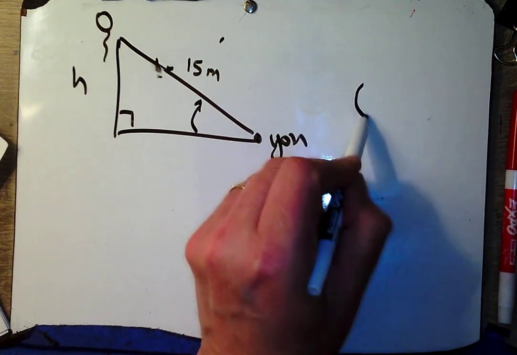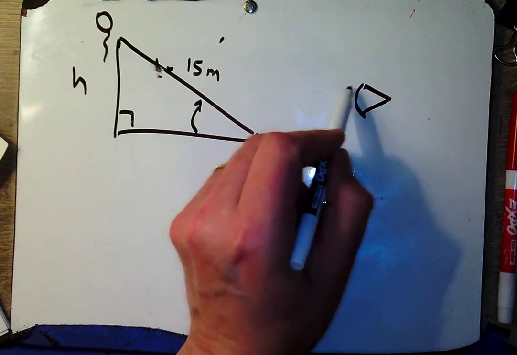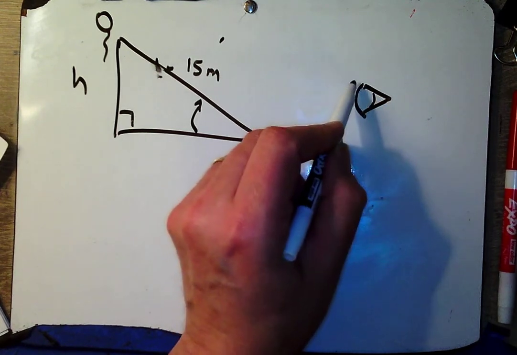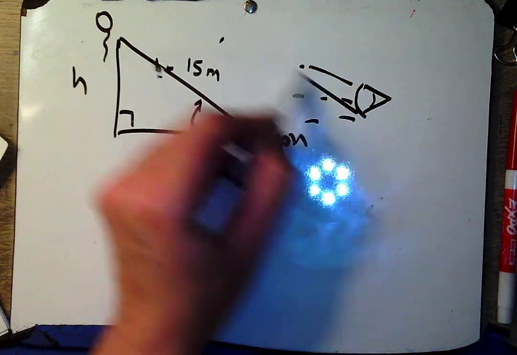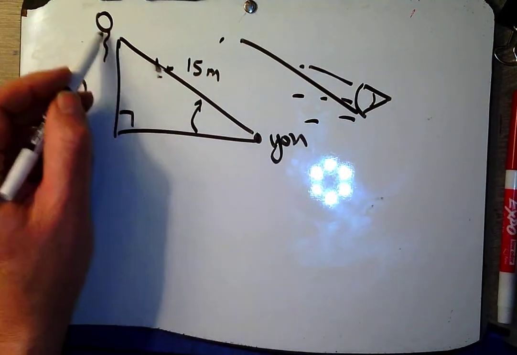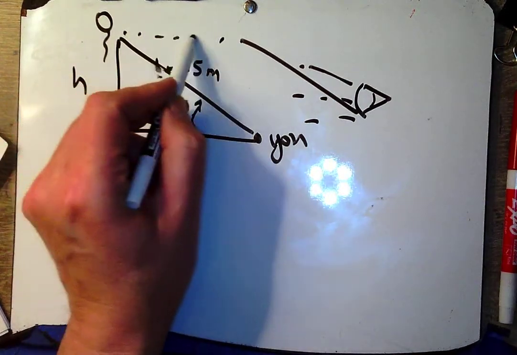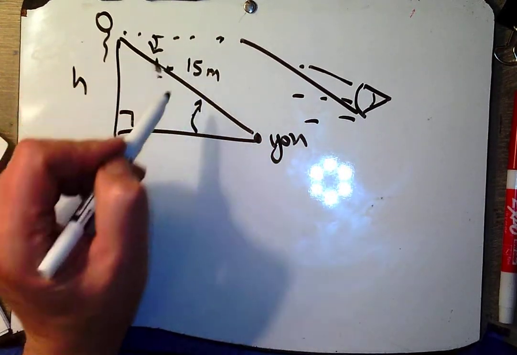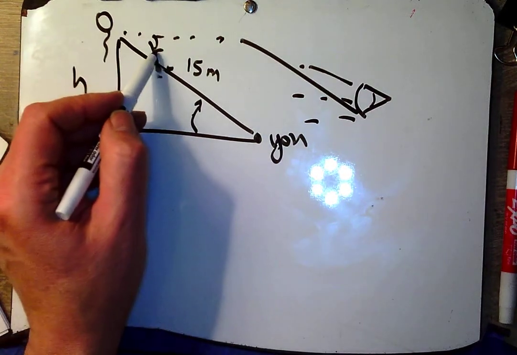That's your eyeball. Your eyeball is looking, and you have to elevate your eye to see the balloon. Angle of elevation. Now, if you were up here on the balloon, looking down, that would be the angle of depression.